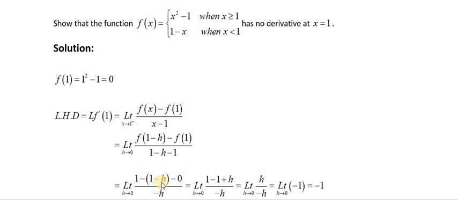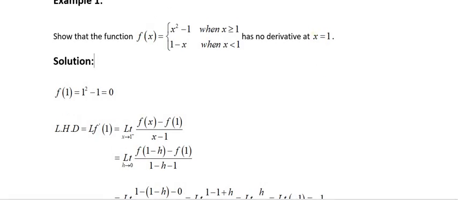Once you can observe, if f of x is 1 minus x, then f of 1 minus h is just replace x with 1 minus h.